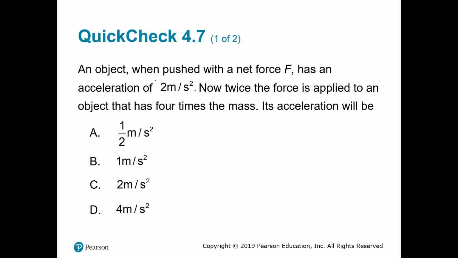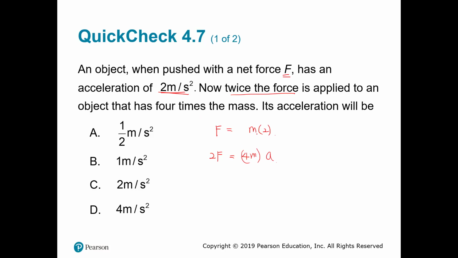And then the next one: an object when pushed with the net force F has an acceleration of 2, a similar question, right? So you again have F equals m times 2. This is the first condition, right? Now, twice the force, so that means now you increase the force twice, is applied to an object that has 4 times the mass, and you're looking for the acceleration, right?